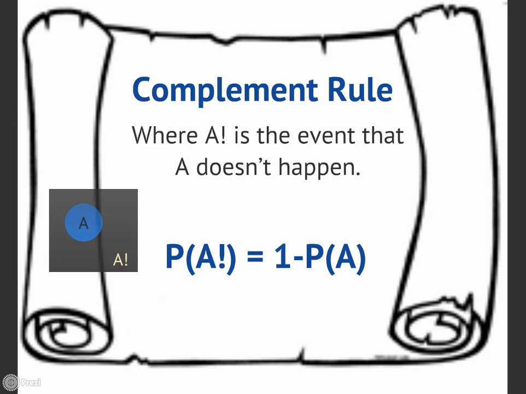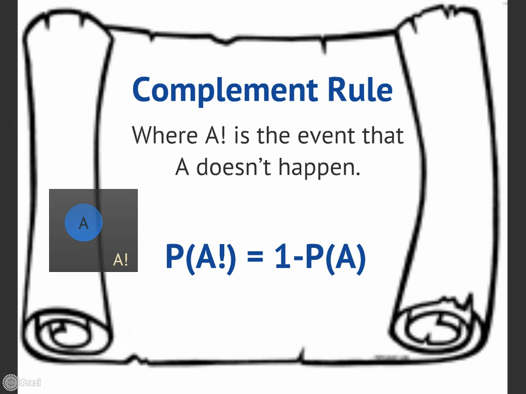We're interested in outcome A. Well, then there's still the possibility that A doesn't happen. That's A exclamation point. So the black box is everything. A is clearly inside of everything. But if we add A to A exclamation point, that's totaling everything up. So if we were to add those together using the previous rule, it would sum to 1.